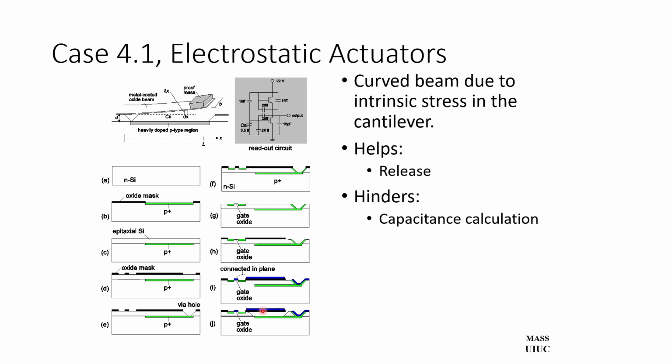So one of the advantages for this is that the beam would have an intrinsic stress that bends up. This prevents a flat beam from being sucked to the substrate during release.